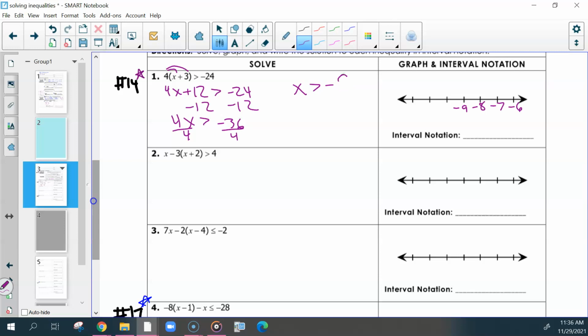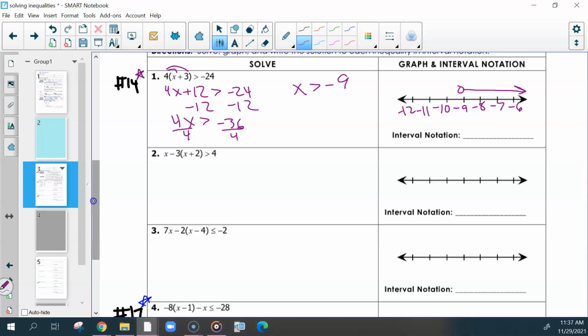I'm sorry again. Nope, that was right. I was looking at the wrong thing. And then -10, -11, -12. This would be an open circle at -9, going to the right, everything greater than -9.